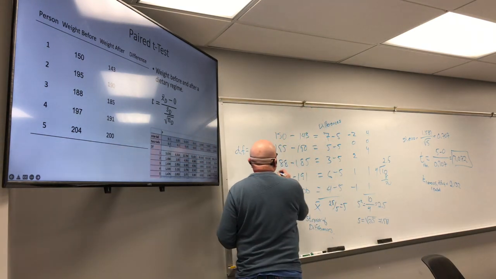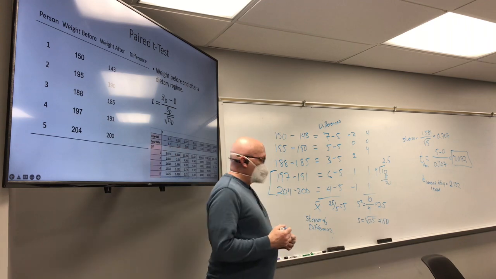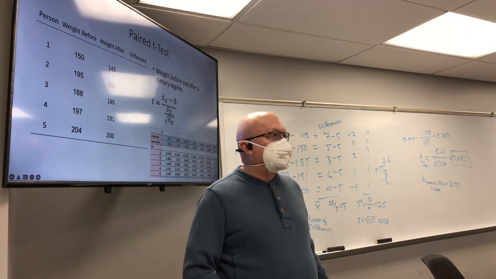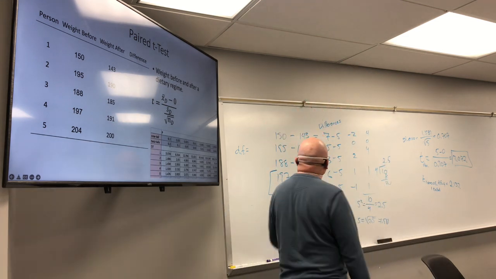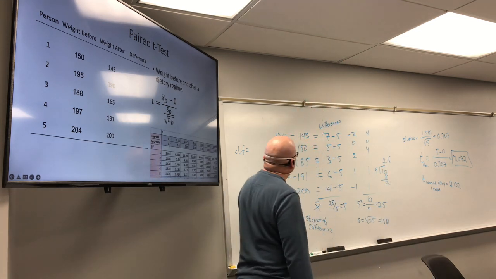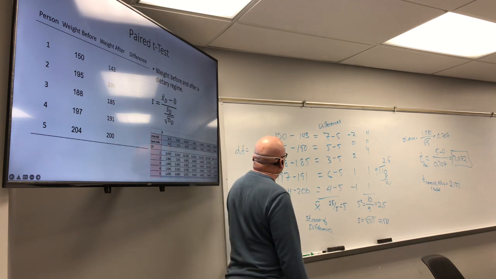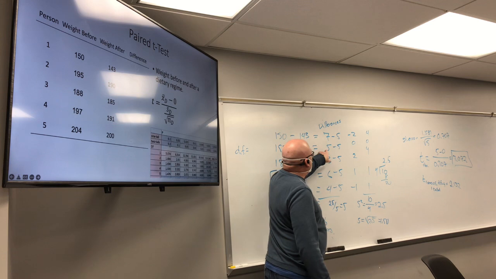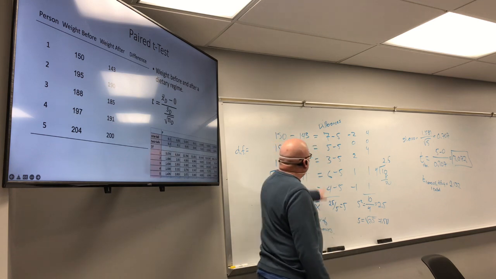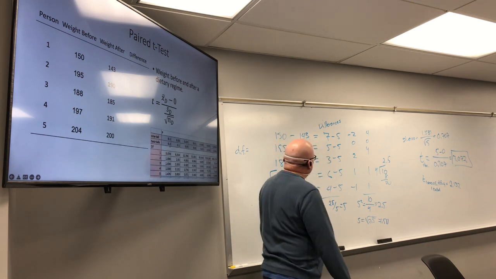The two heaviest people to begin with, what was their overall loss relative to the average loss? So this person lost quite a lot. This person lost quite a lot. This person lost quite a lot. This person lost somewhat.